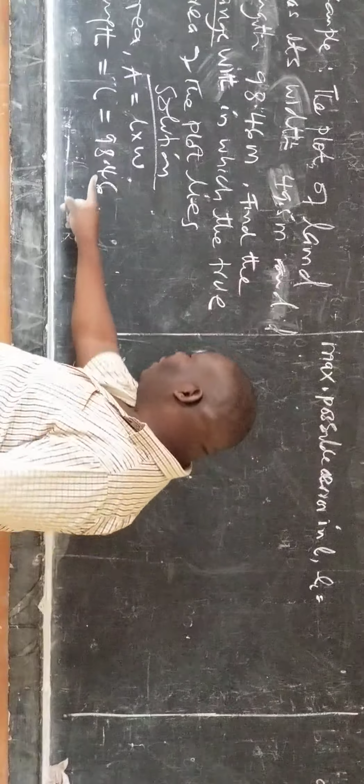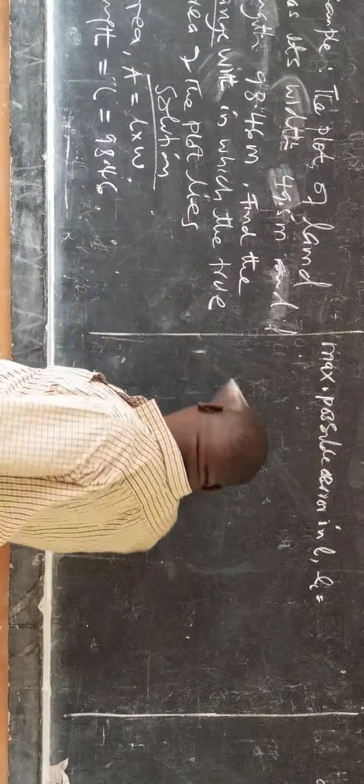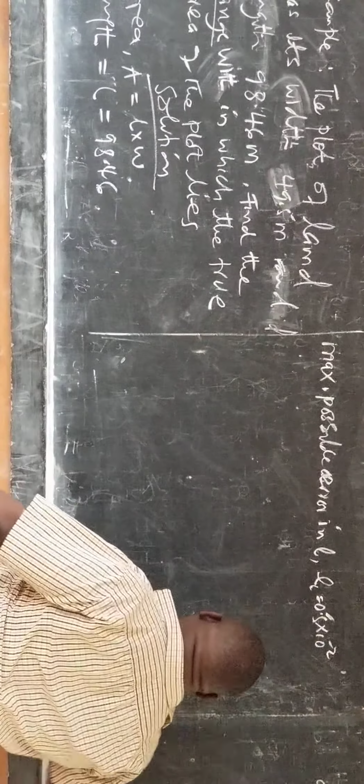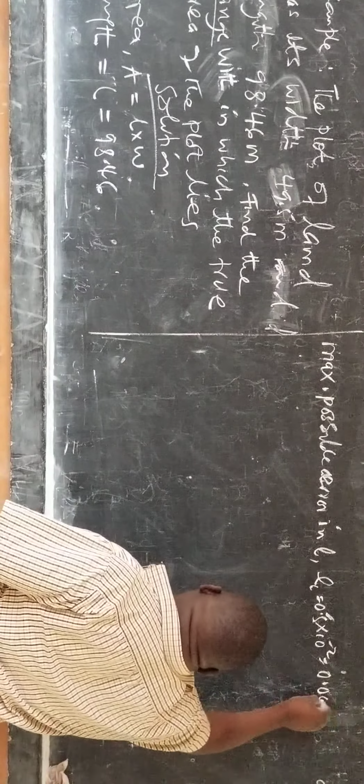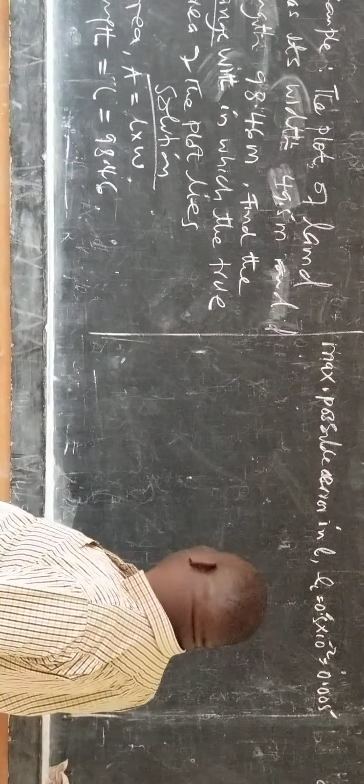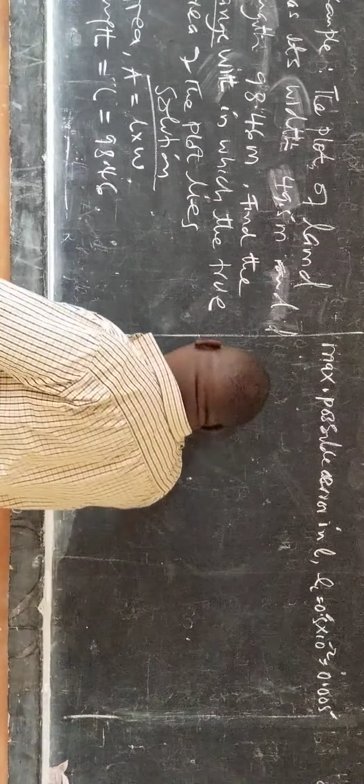Since it has two decimal places, you count 1, 2, so it is 0.5 times 10 power negative 2, and this will be 0.005. That is the possible error which is made in that length.